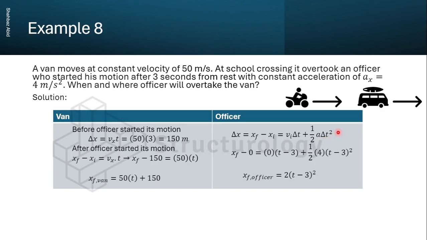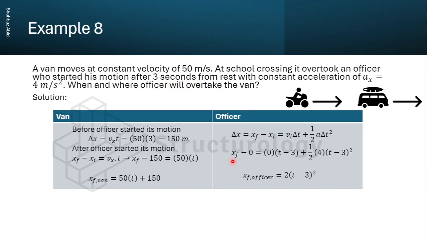Now why have I included delta t? It's because there is a delay by the officer of 3 seconds, which means there is going to be an initial time of 3 seconds for the officer.